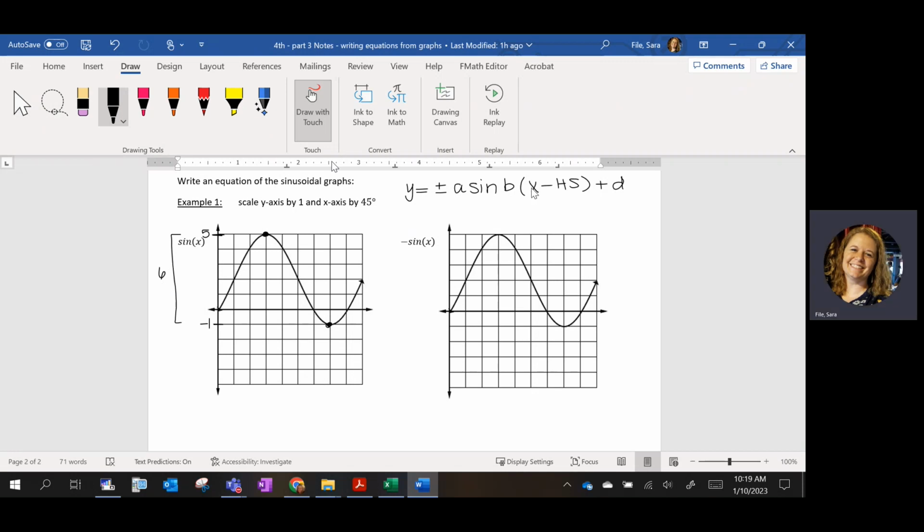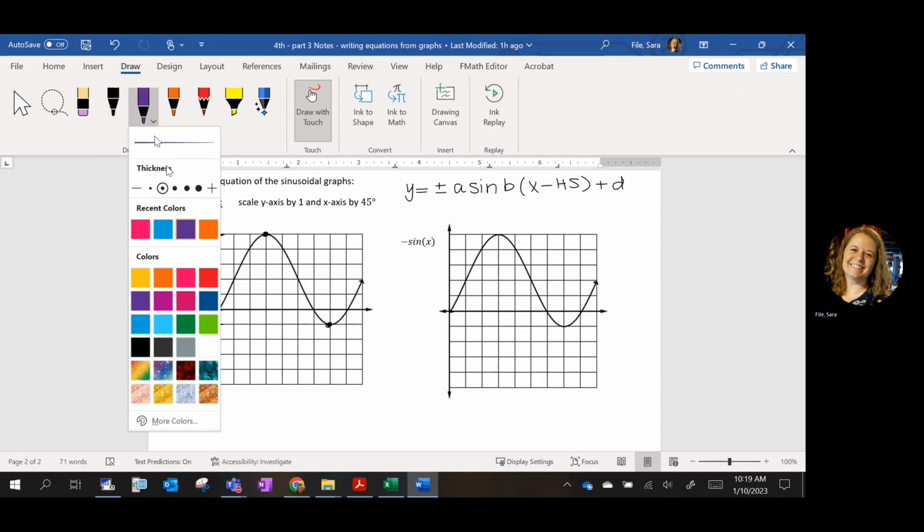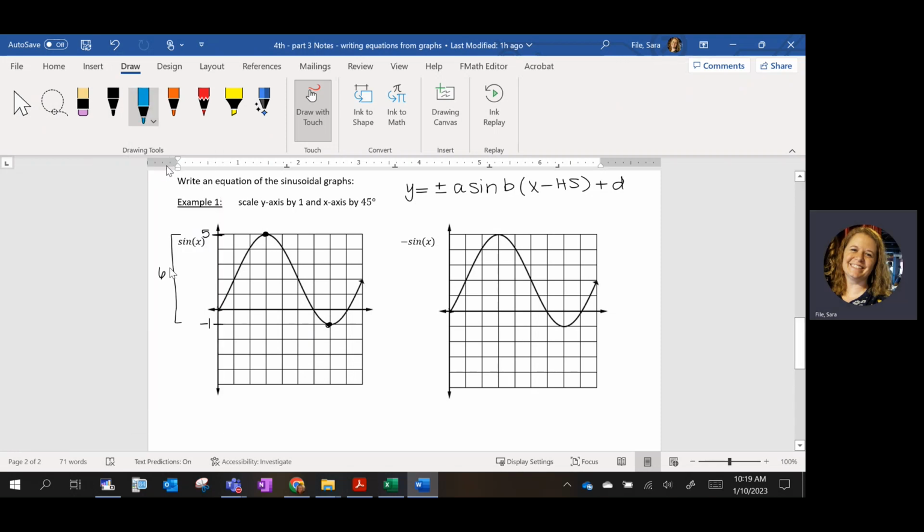That's not any of the key components yet, is it? But it's going to help me find one of them. What's it going to help me find? Because the amplitude is half the height. So if the height is 6, the amplitude is 3. So I'm going to come down 3 from the maximum, or you could come up 3 from the minimum.